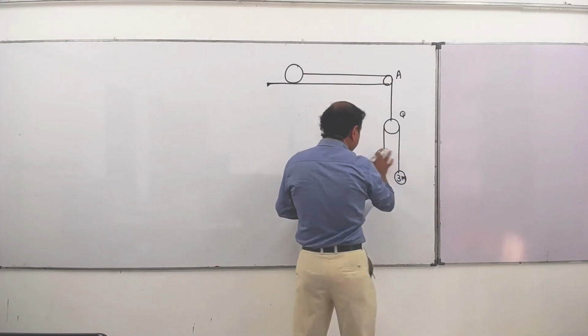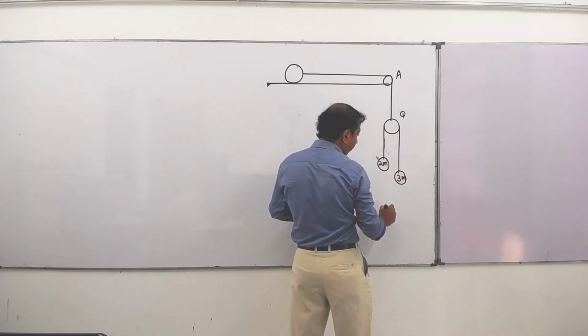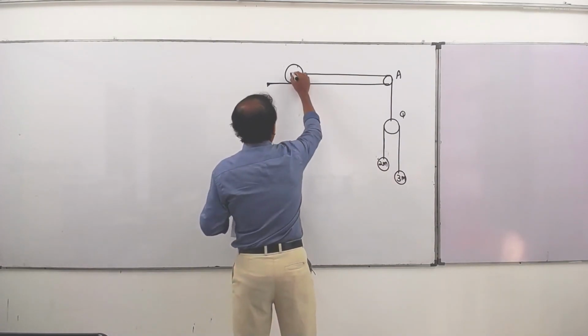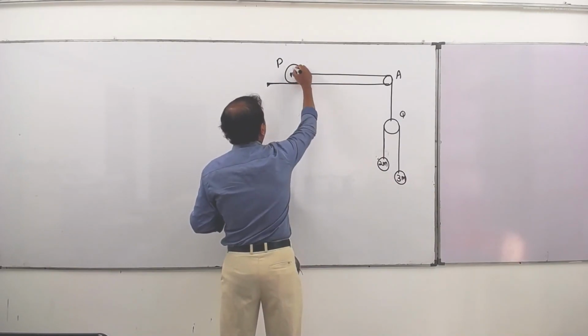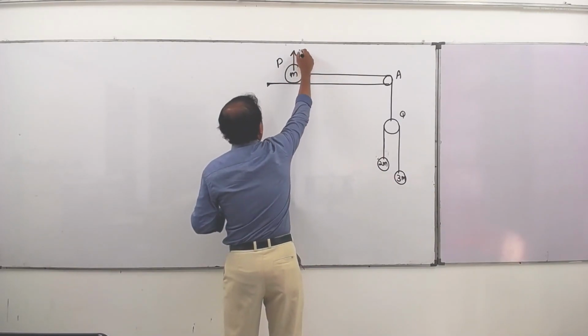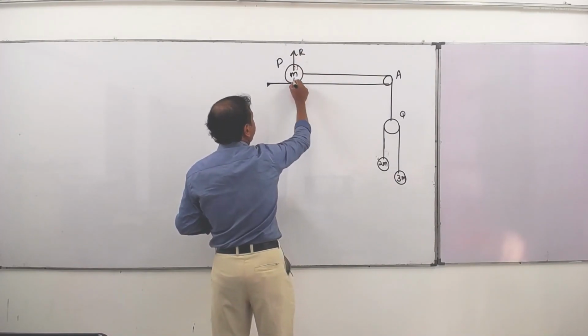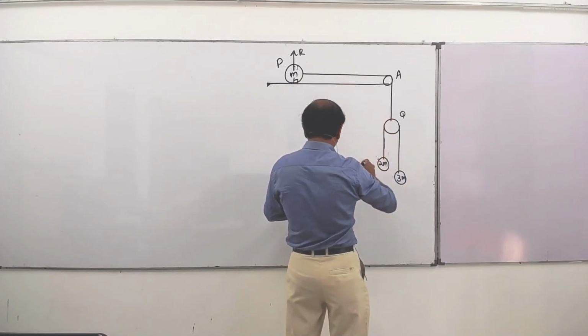This is 2m, right? This is mass m, P. The forces acting on this: the normal reaction, which is perpendicular to the plane, this way.